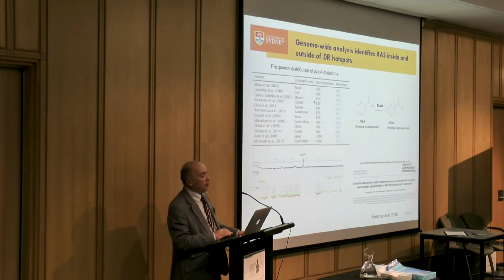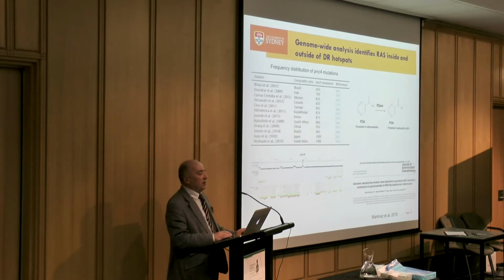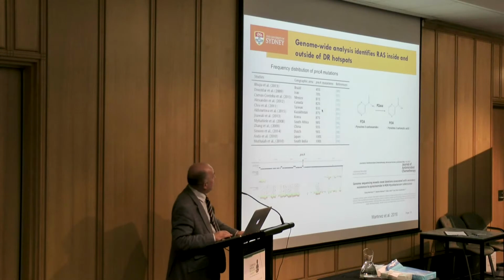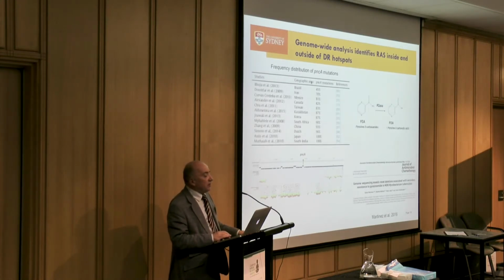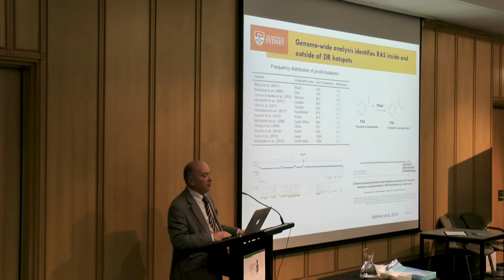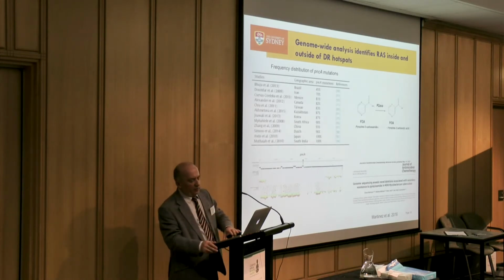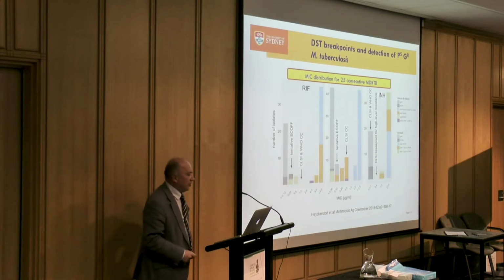And if you look at the distribution of frequencies of PNCA mutations, again, these frequencies are much lower than RPOB mutations for the rifampicin resistance defining region. So there is a bigger role of mutations in other genes, which we're just starting to learn about. Again, re-emphasizing the point about genome-wide analysis for mutations.